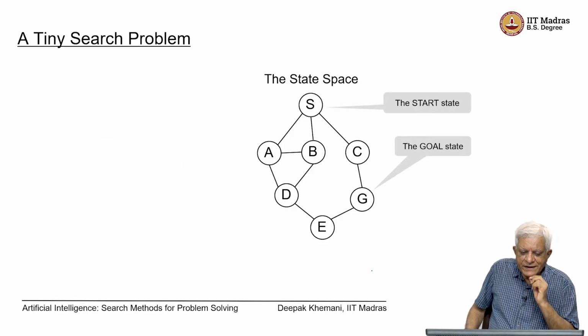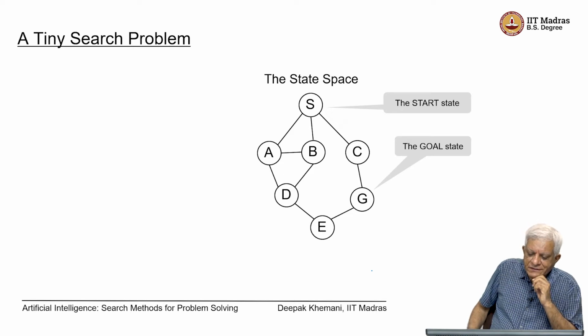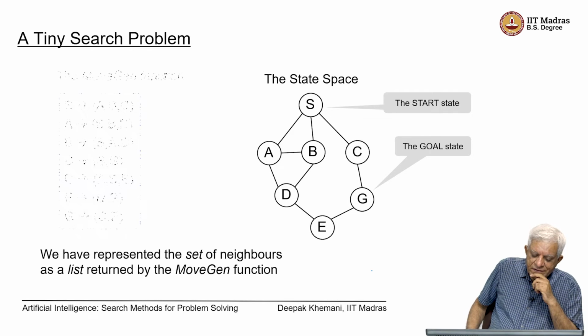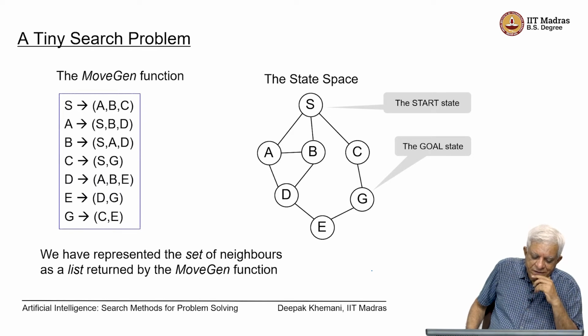So, let us look at a tiny search problem, which is a graph with a small number of nodes. S is the start node, G is the goal node, and A, B, C, D, E are the other nodes that you can visit. In our diagrams, we have represented the set of neighbors as a list returned by the move gen function.